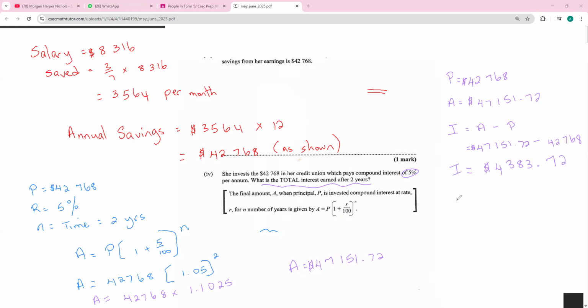So I got that as my interest. So you guys could always check it over, but that is going to be how much is the interest, because that's what they asked us for. How much is the interest on it? All right, so pause in here.